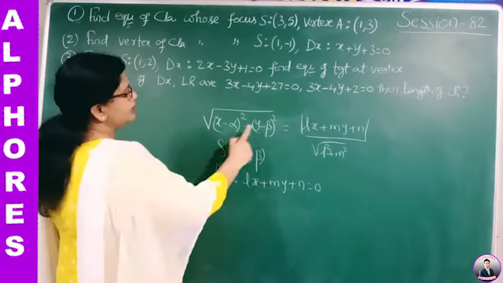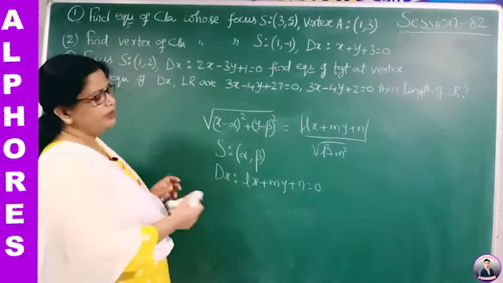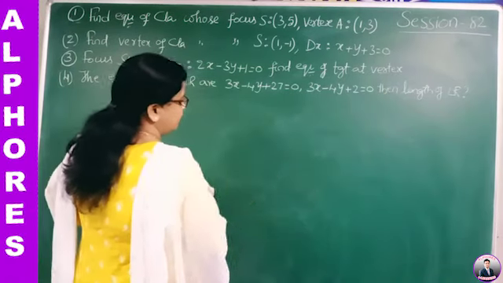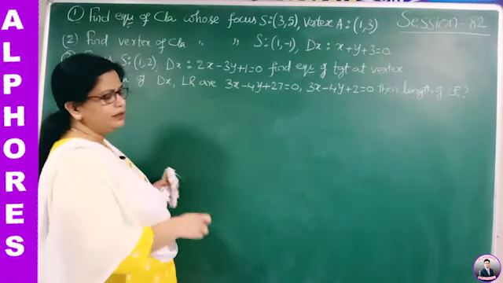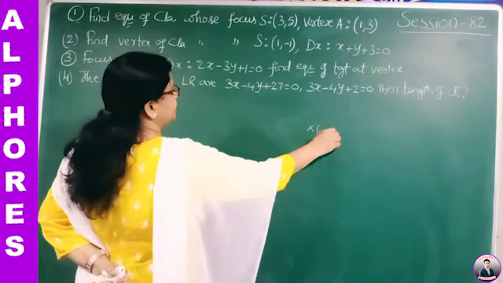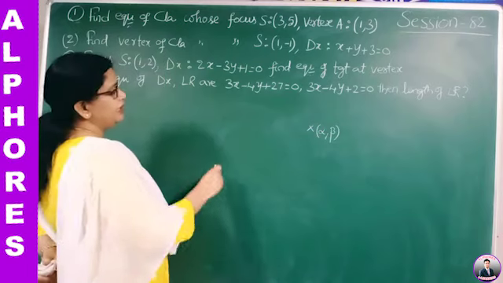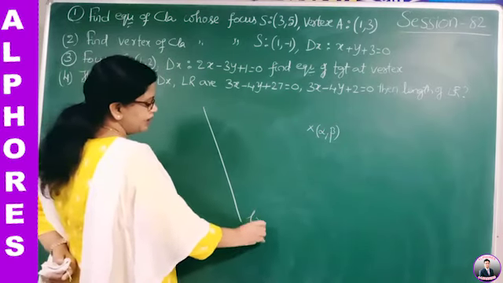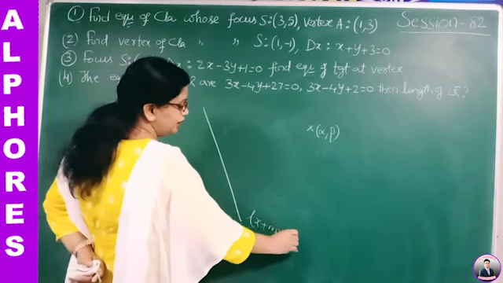Now, based on this, one important concept is there. Suppose we have taken a fixed point, some alpha comma beta, and a fixed line, suppose Lx plus My plus n equal to 0.